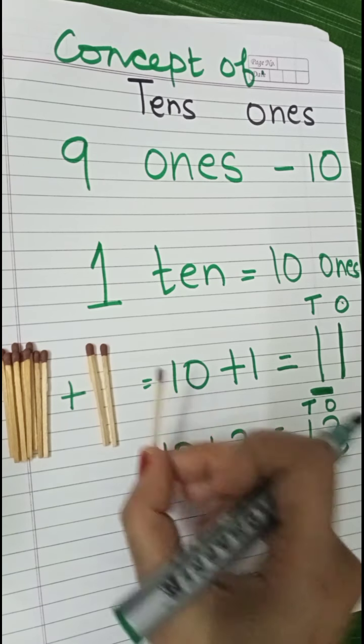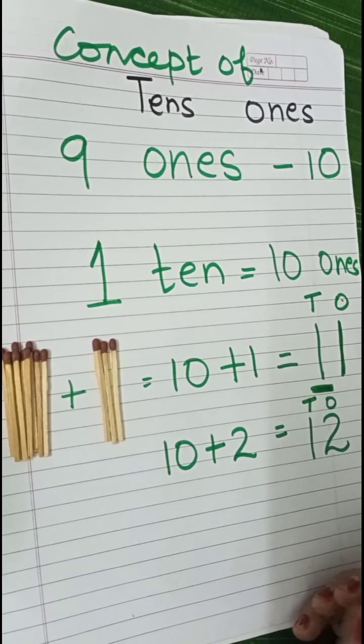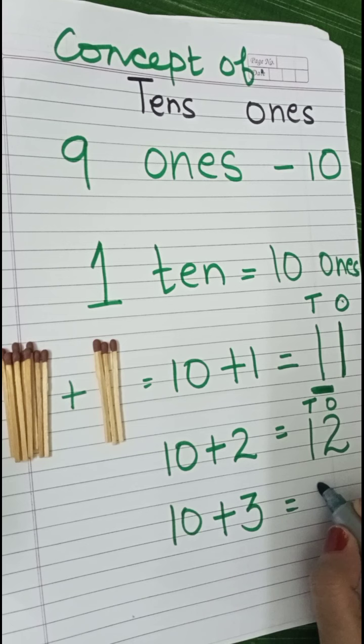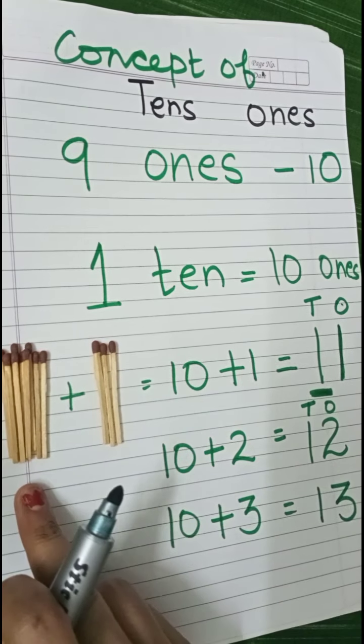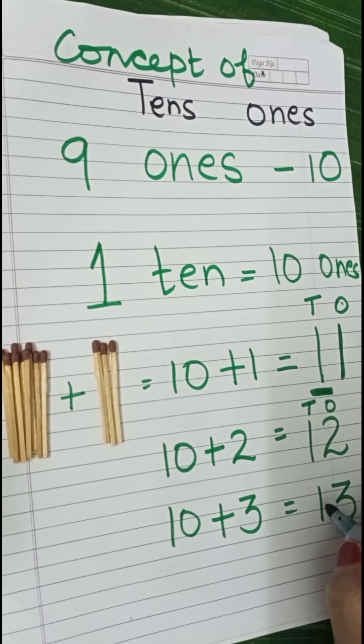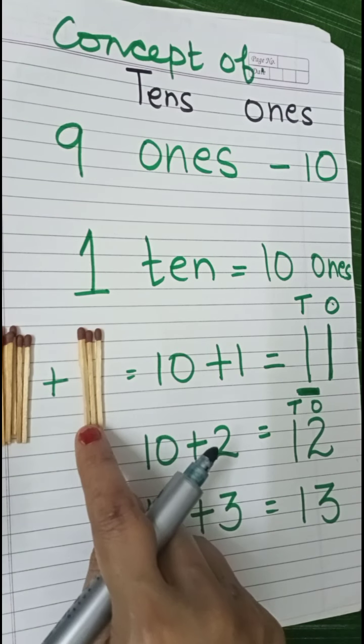Clear? If I add one more matchstick with this, 10 plus 3 is how much? 13. 10 plus 3 is 13. So 13 represents here in this number, 3 means 3 ones: this 1, 2, 3.